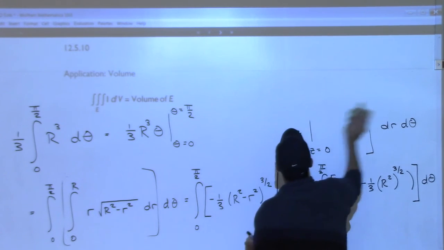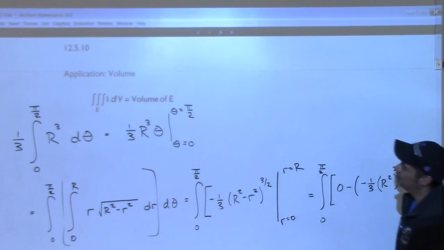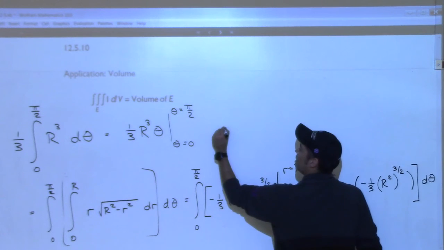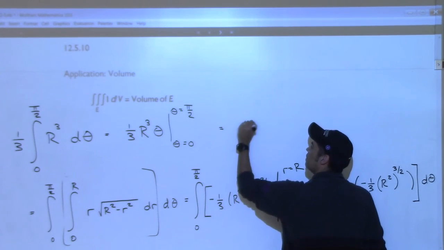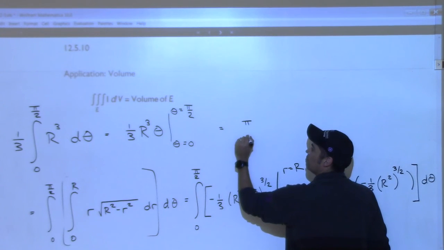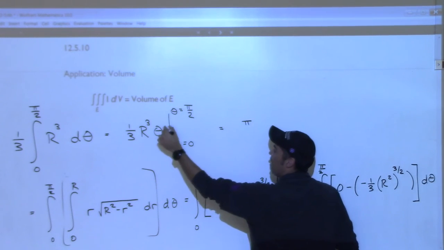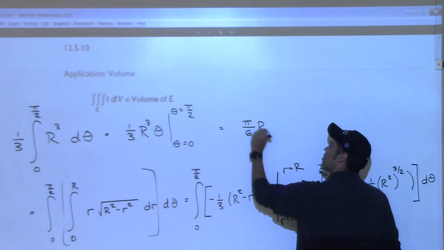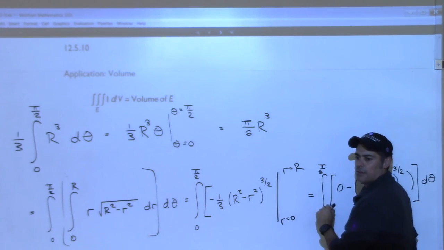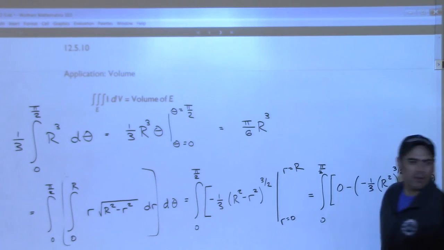What happens when we plug in pi over 2 for theta? We get pi over 2 times 1/3, so that's pi over 6 R cubed, right? And then when we plug in 0 for theta, we get 0.